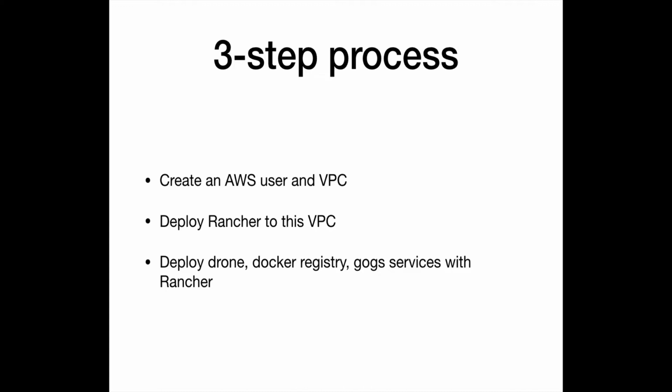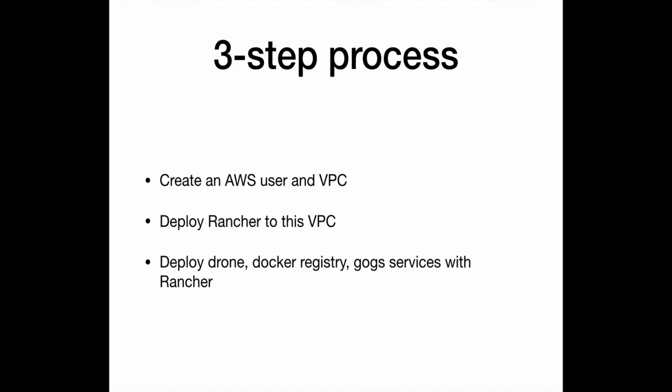So we create that AWS user in a VPC, and then we spin up Rancher, and we actually have it as an option to spin it up in high availability mode, where it starts 3 servers so that if one of them goes down, it's still up and working. And it will create those servers in that VPC. And then finally, after Rancher is up, it goes and deploys Drone, a private Docker registry, and that Gogs service all on Rancher.